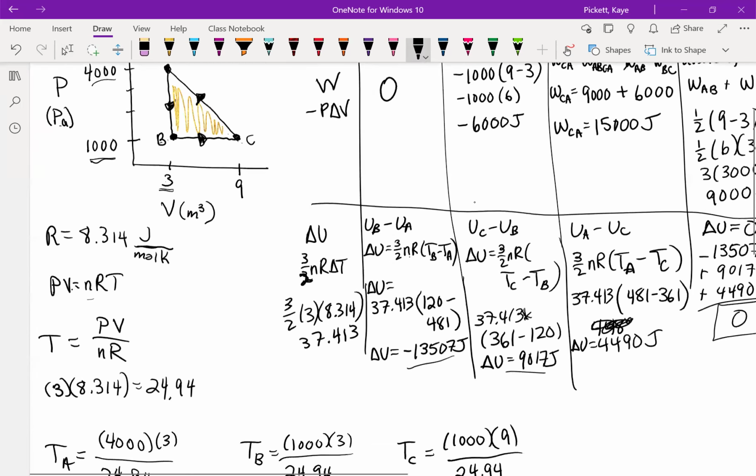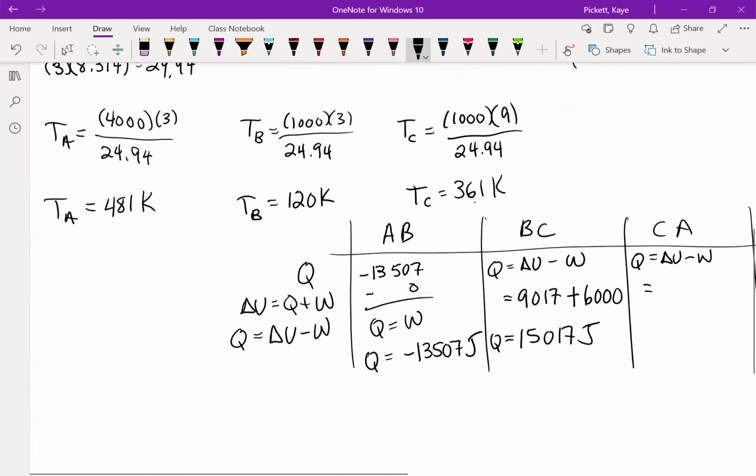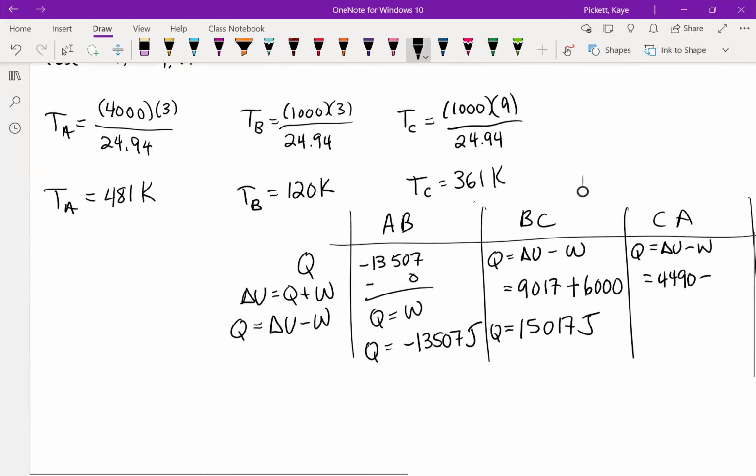The work is 15,000. Q is delta U minus the work. My work was 4,490 minus, and this was a positive number, 15,000.